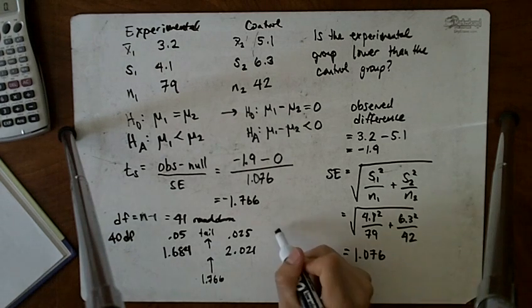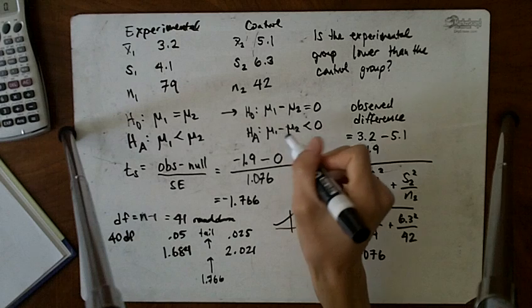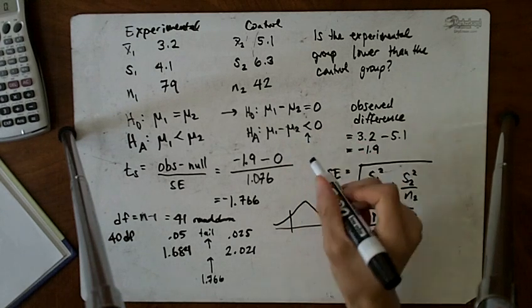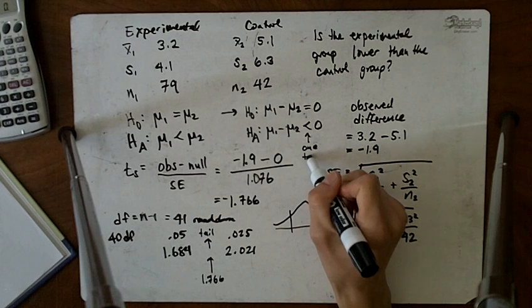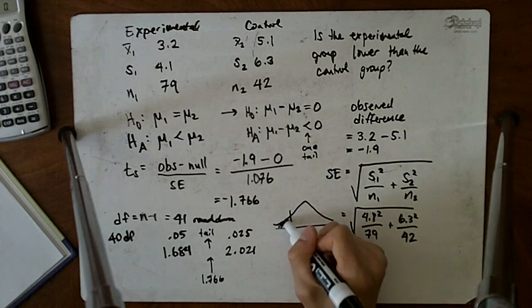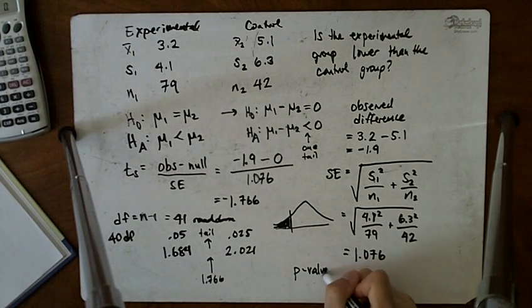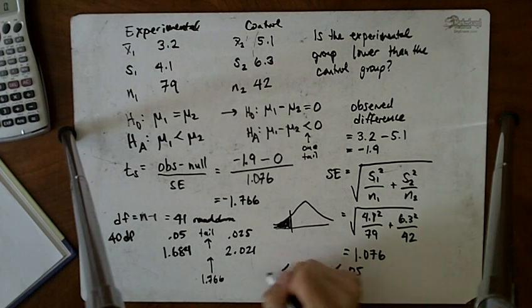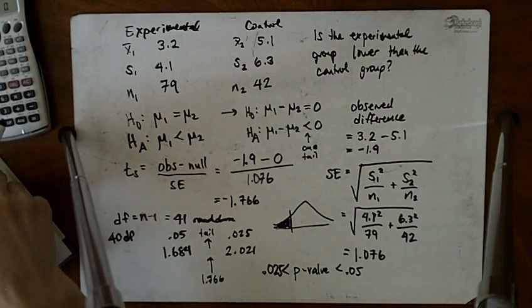And because this is a one-tailed test, since the alternative has only a less than sign, my tail probability is my p-value. So my p-value here is going to be less than 0.05, but greater than 0.025. So that's my tail probability there.